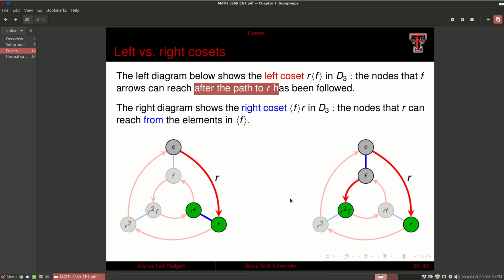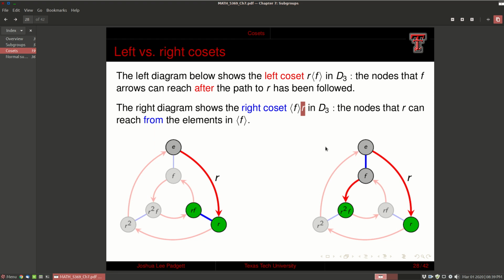All right? So we can see that they look different, and the order of operations matters because, remember, not every group is abelian. All right, so left cosets are: start at the node represented by this element and perform all the paths in this subgroup. The right cosets are: consider all the nodes in this subgroup and simply perform R. All right, so both give me cosets in different ways.